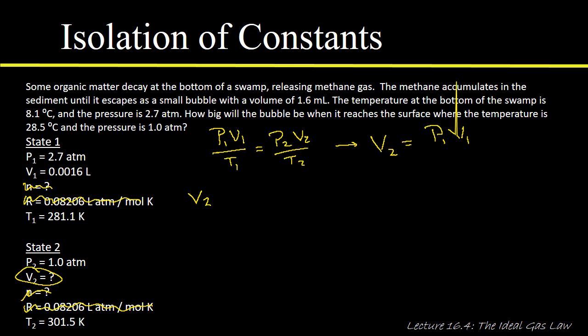We will multiply both sides by T2, which puts a T2 in that numerator, and we will divide both sides, we got T1 here, by P2, which puts a P2 in that denominator. So V2 is going to be P1 times V1 times T2 divided by T1 times P2.